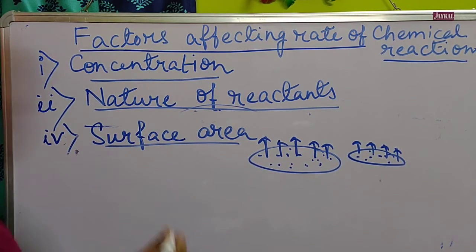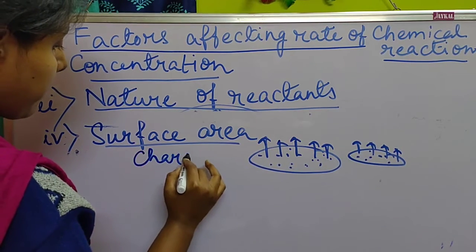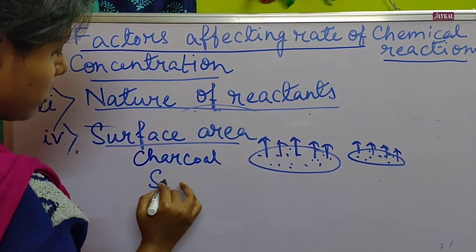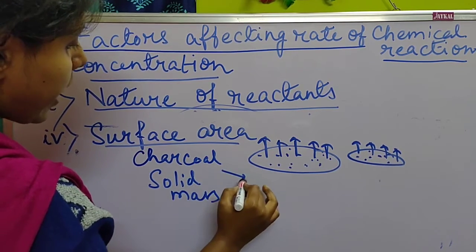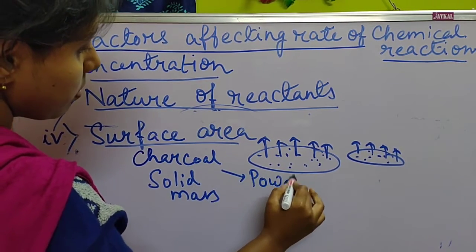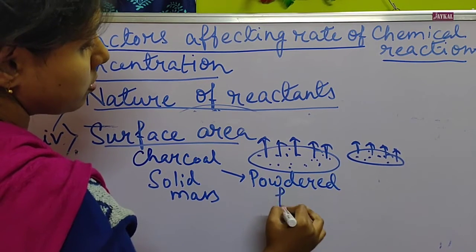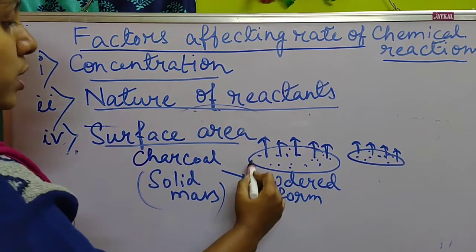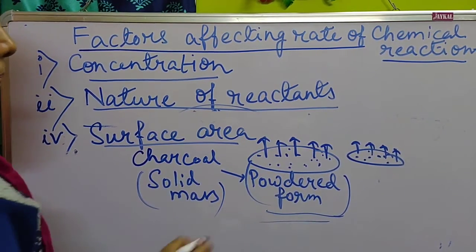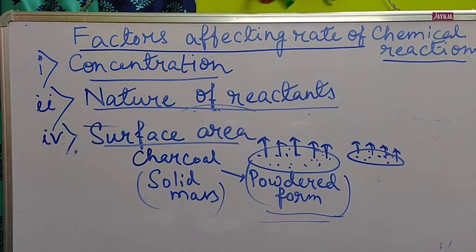Suppose we take charcoal in a solid mass and in the powdered, ground form. The powdered form, having larger surface area, will be more reactive than the solid mass.